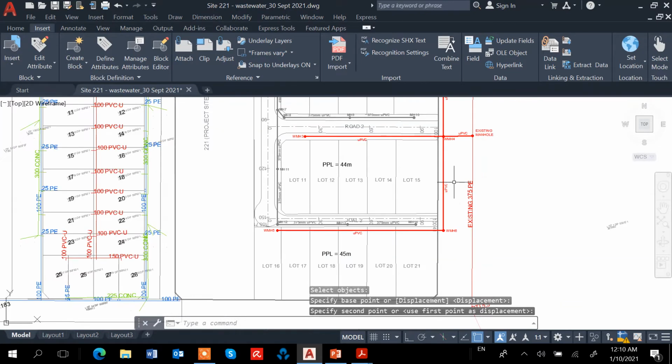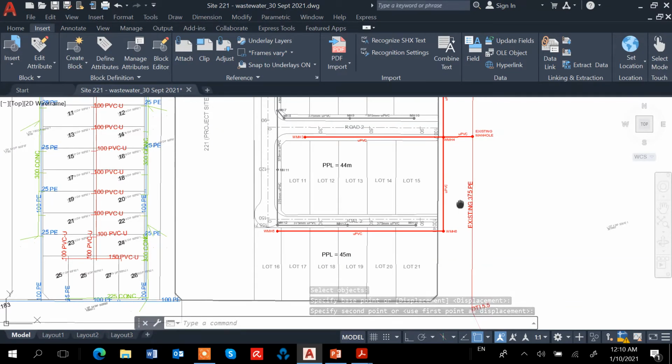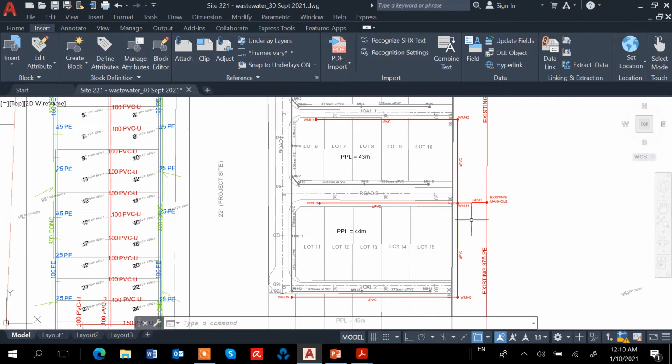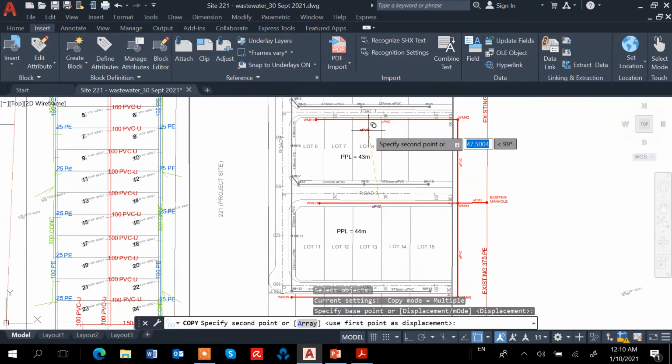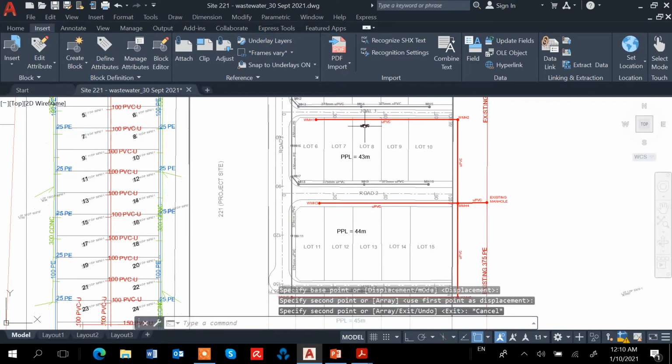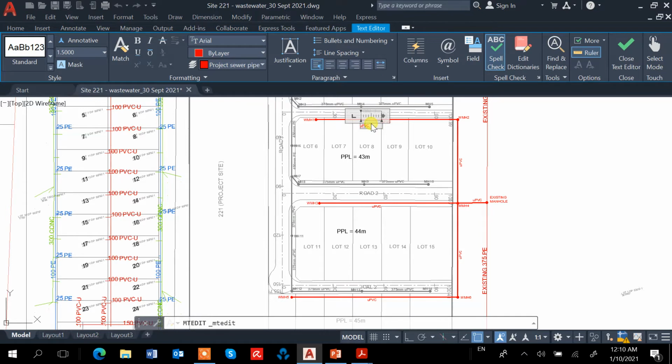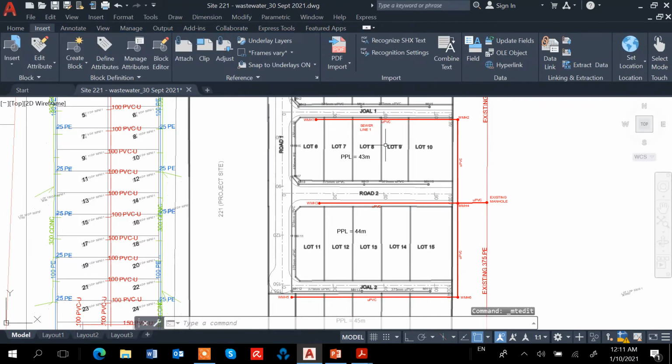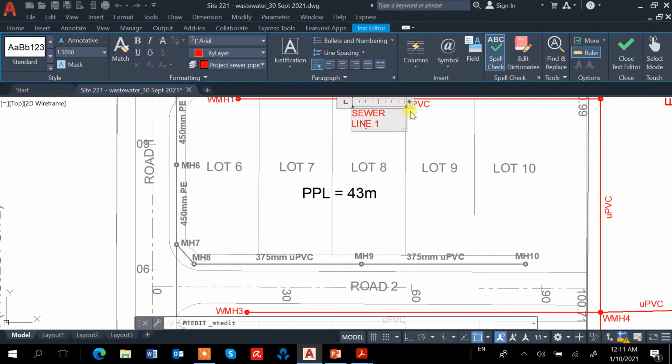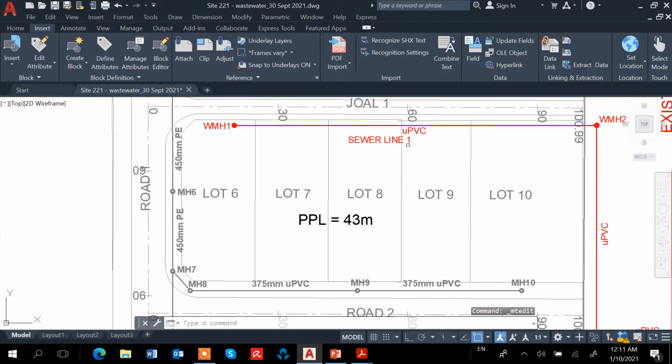So besides the plan, we need to do the long section as well. We need to do long section for 3 lines. So I'm going to do 3 lines. I call the top one the sewer line 1. Sewer line 1. Okay, I just need to make the wording bigger.